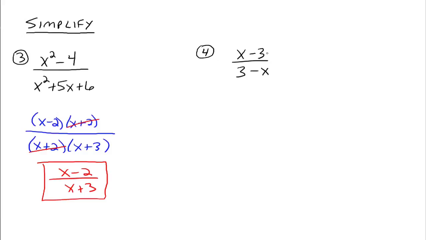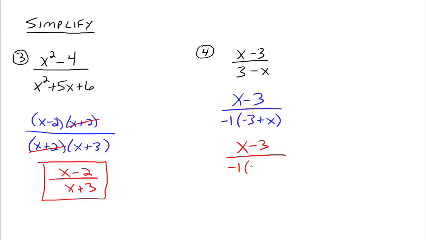So 3 minus x, we could write by factoring negative 1 out. Let's leave the numerator alone and take negative 1 out of the denominator, negative 1 times negative 3 plus x. Everybody see that? If you factor negative 1 out, you get negative 3 plus x. But notice now that we can rewrite that denominator as x minus 3.